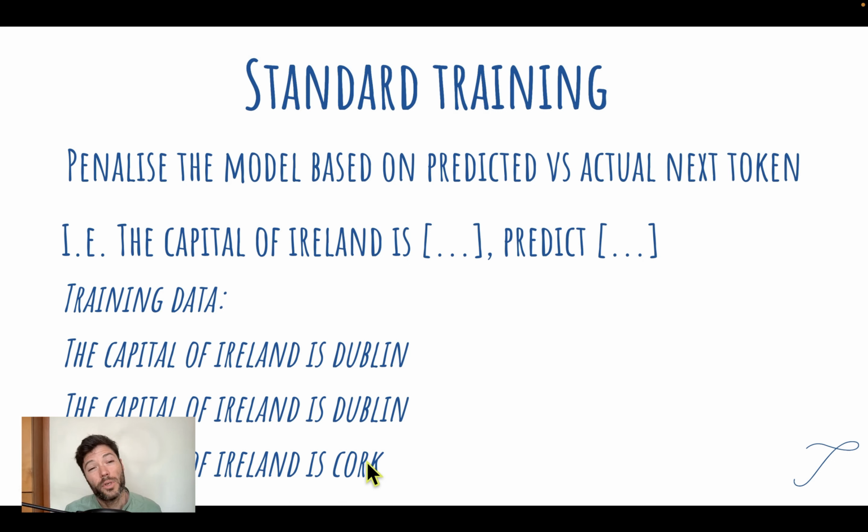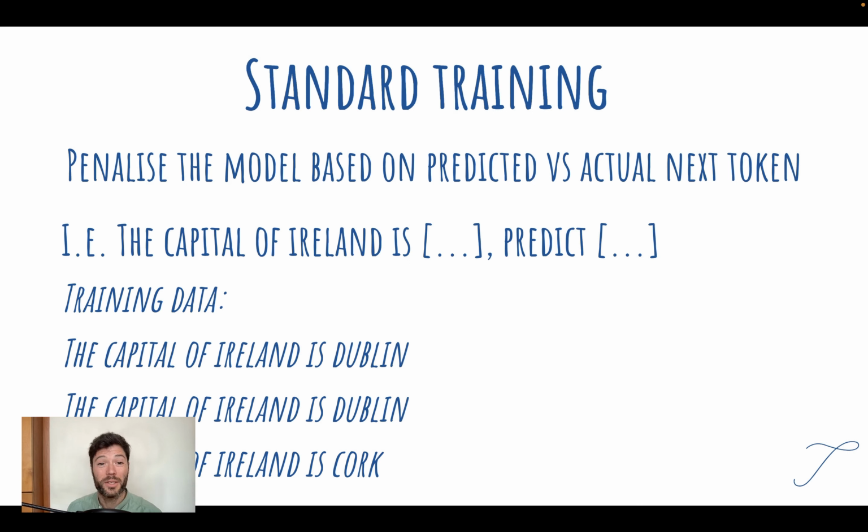So fundamentally, language models are statistical models that look at the frequency of information in the training data set. If I train a language model with the capital of Ireland is Dublin, the capital of Ireland is Dublin, the capital of Ireland is Cork, it will see Dublin more frequently, and so that is more likely to be returned when the model predicts the next token.